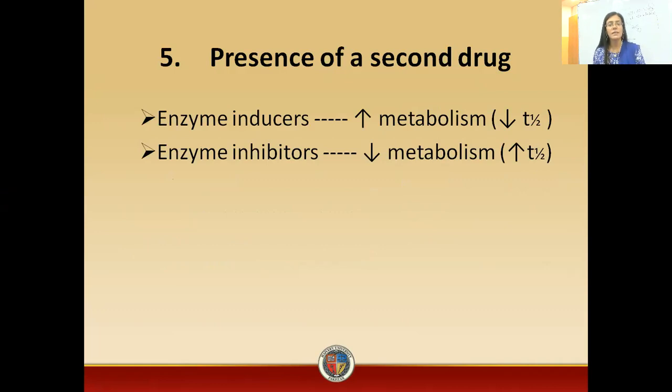In case you have a second drug and this drug is acting as an enzyme inducer, that is increasing the metabolism of the first drug, it means it is decreasing the half-life of that first drug. Secondly, if you have a second drug that is acting as an enzyme inhibitor, decreasing the metabolism of your first drug, it means your second drug is increasing the half-life of the first drug.